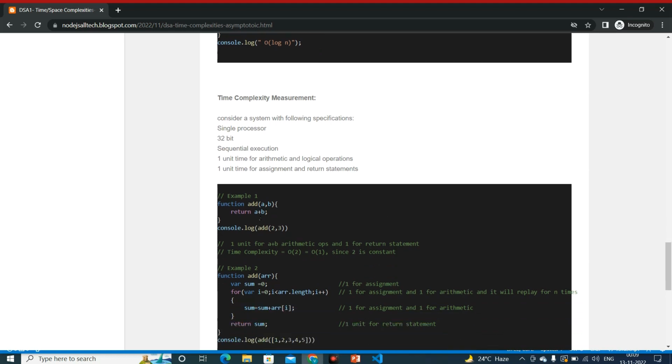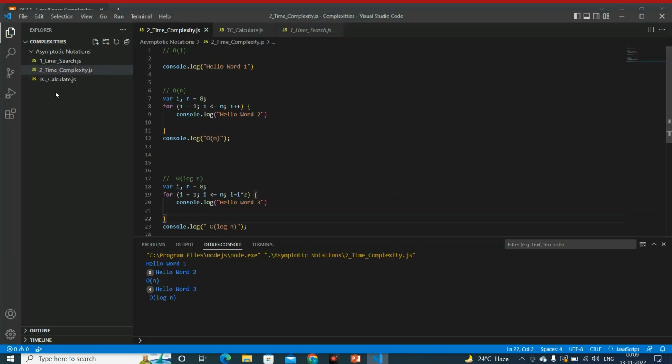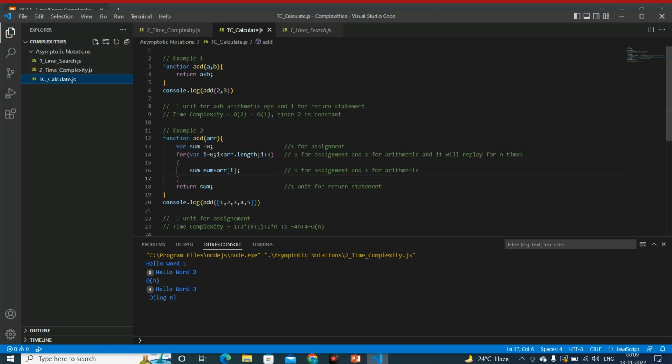For example, arithmetic means a plus b is an arithmetic operation, so it will consume 1 unit, and returning a value will consume 1 unit, and assigning, like sum is equal to 0, will consume 1 unit. So like that, the consumption of time will be there.